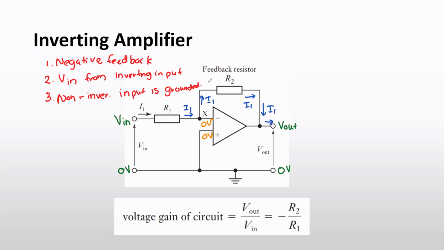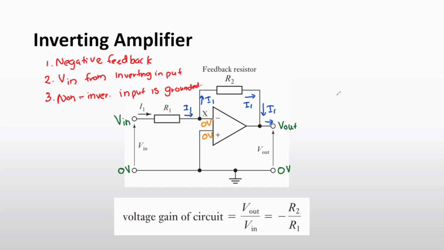But as the inverting amplifier has two resistors, and their behavior is according to Ohm's law, you can use Ohm's law for R1 and R2. So let's see how we can do this.